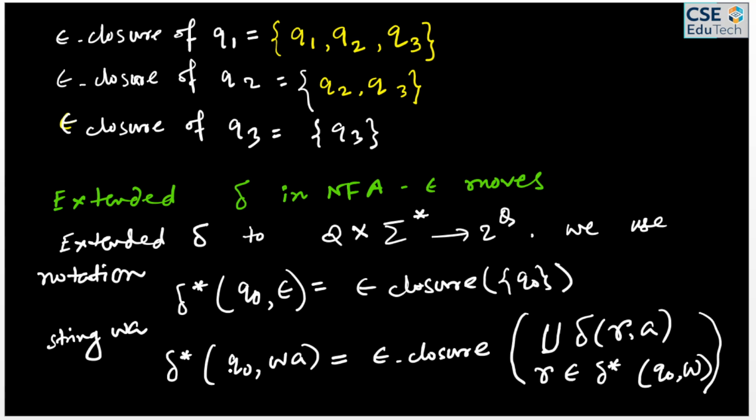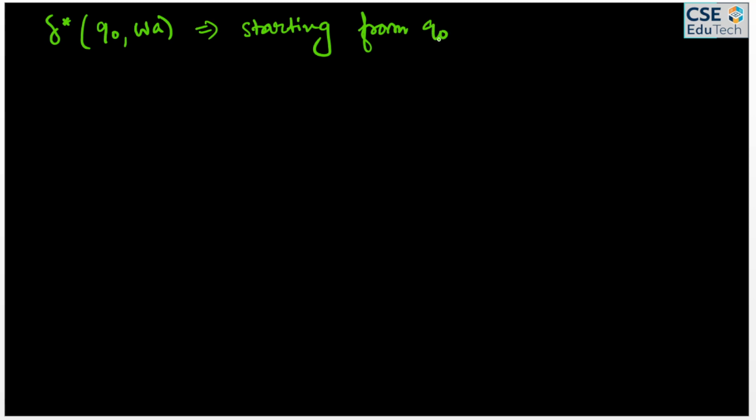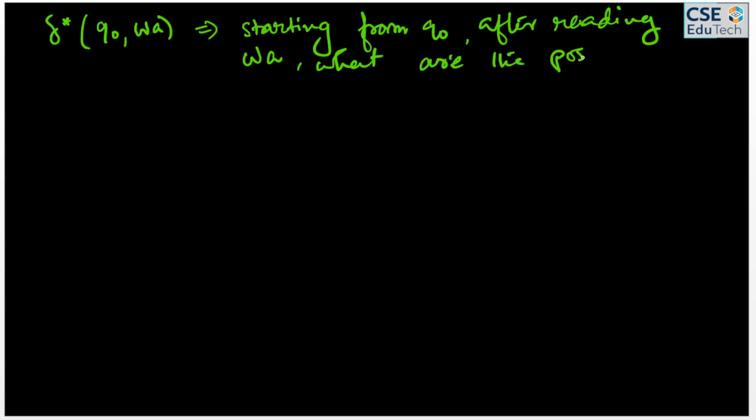Now, what is the meaning of this delta star Q naught WA? It means starting from Q naught, after reading the string WA, what are the possible states that you can move?